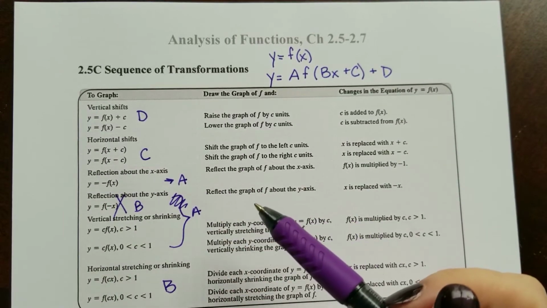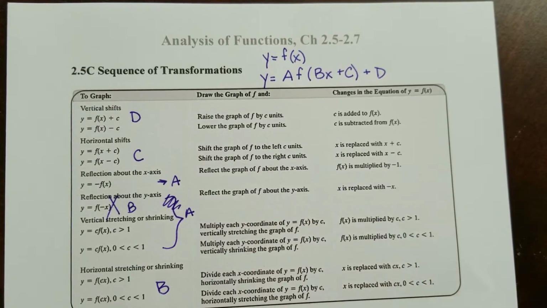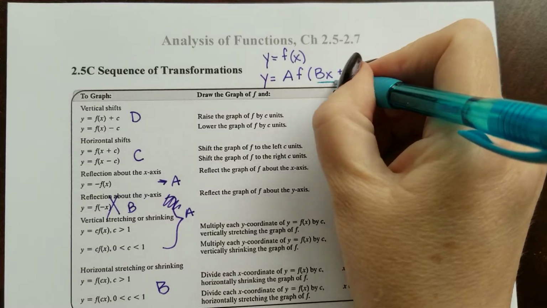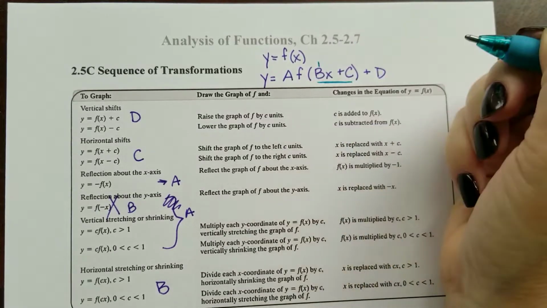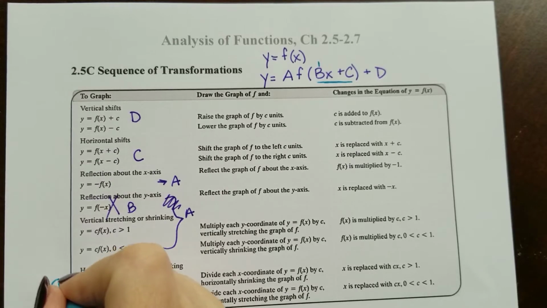Now we're not going to do them in alphabetical order. What we want to look at is the order of operations. And when we take the order of operations, we're going to work the parentheses first, and we do multiplication first. So anything that's our b, this is going to be 1.